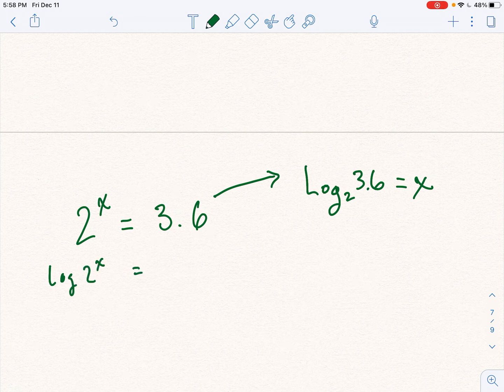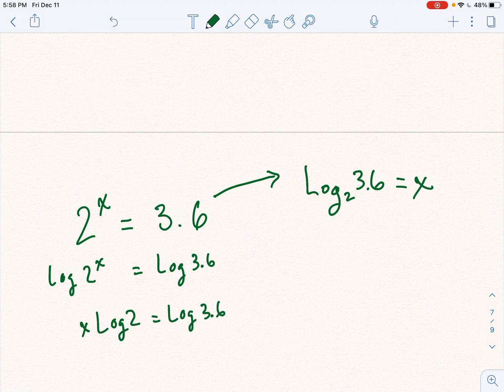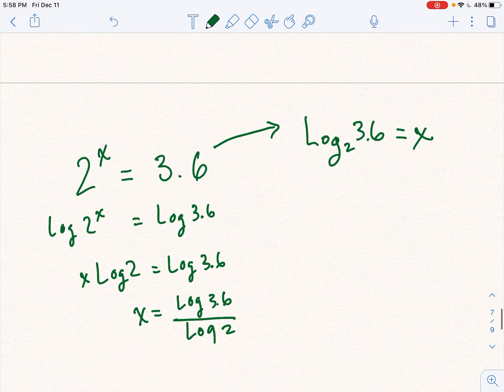Log of 2 to the x equals log of 3.6. Then you would use the power rule, and you would get x times log of 2 equals log of 3.6, and divide by log of 2. And so isolate x this way, log of 3.6 over log of 2. All right, well, that's cool.